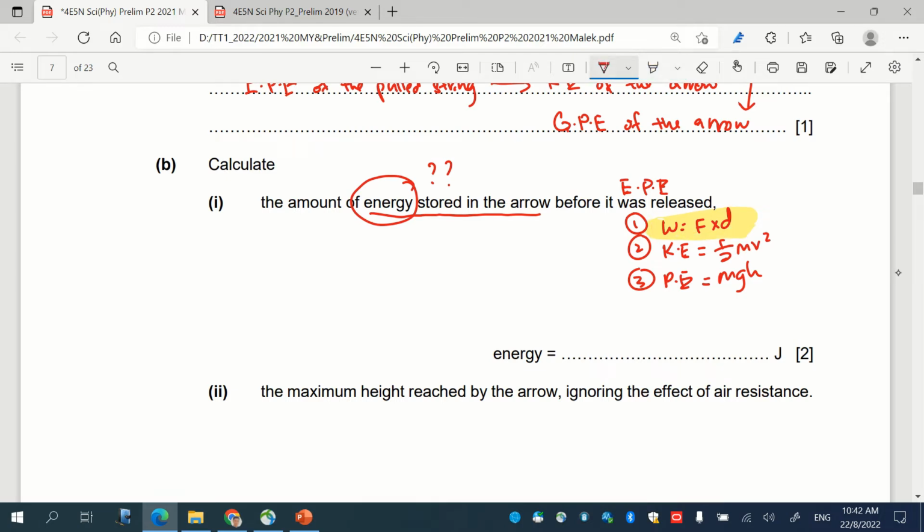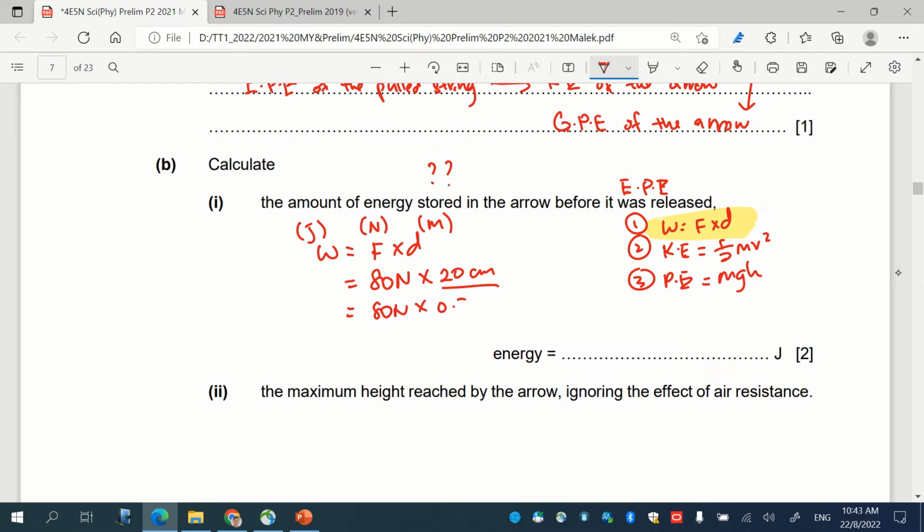So with work equals force times distance, you can go for 80 Newton multiplied by 20 cm. But be very careful, the 20 cm is a non-SI unit. In order to get joules for work done, you must have force in Newton and the distance in meter. That's SI unit. So 80 Newton times 0.2 meter. There you will get 16 joules.